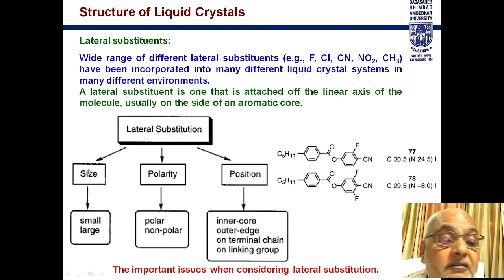Lateral substitution, that is the size, it can be small, it can be large. Polarity, it may be polar, it may be not polar. Position, it may be inner core, it can be outer edge on the terminal chain or on the linking group like this.